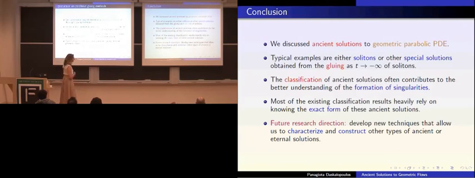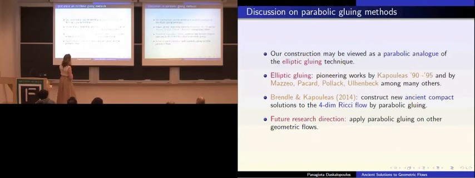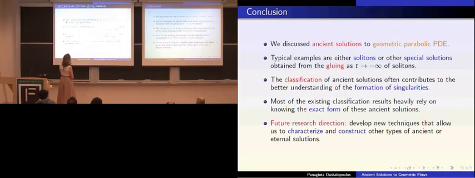There is an interesting example by Brendle and Capouleas in the 4D Ricci flow, which is given by parabolic gluing. The spirit is very different, but still it's a parabolic gluing result.